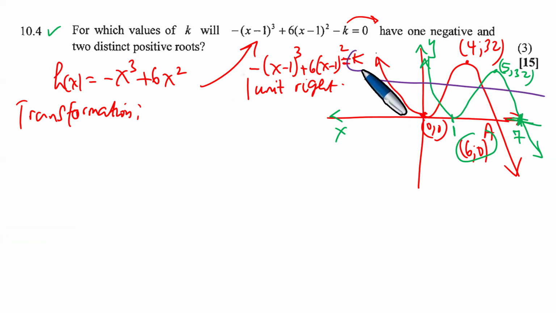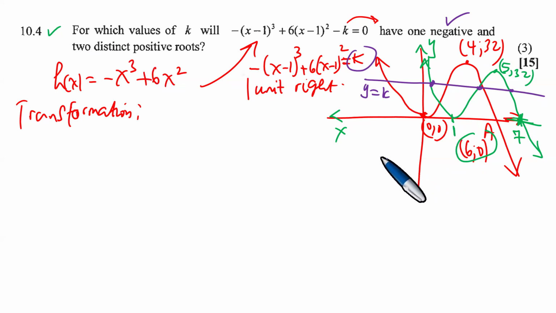Because this is like another curve, but a constant function. Y equals k. Okay, it cuts through like this. We're focusing on the green one, it's gonna cut at 3 distinct points. But the examiner does not just want that. They want 1 negative and 2 distinct positive.